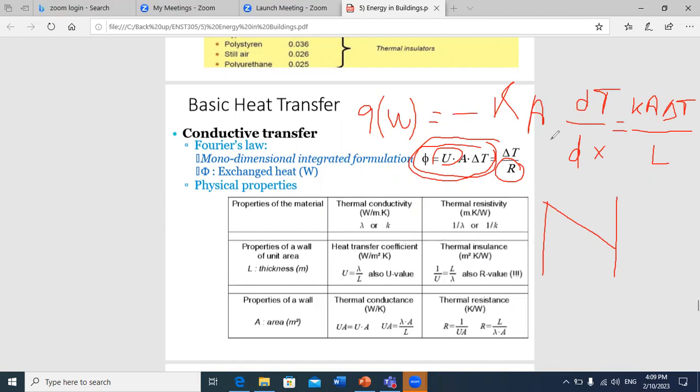So if we compare both terms, we can say that the resistance can be calculated as the flux, phi, as delta T over phi, because if you take R to the other side, you get that the resistance is delta T over phi.